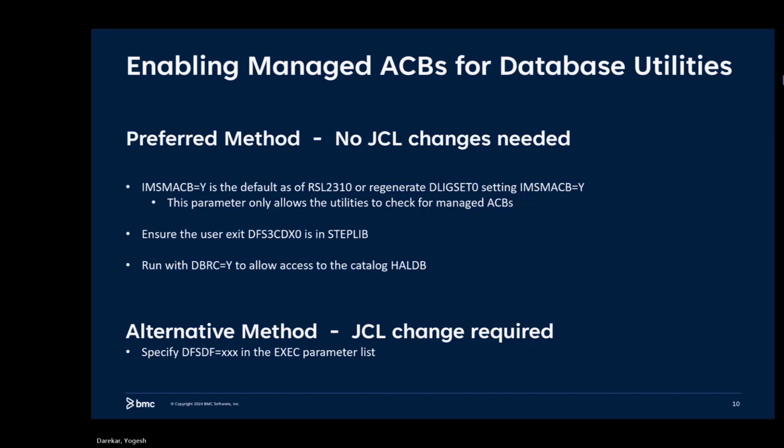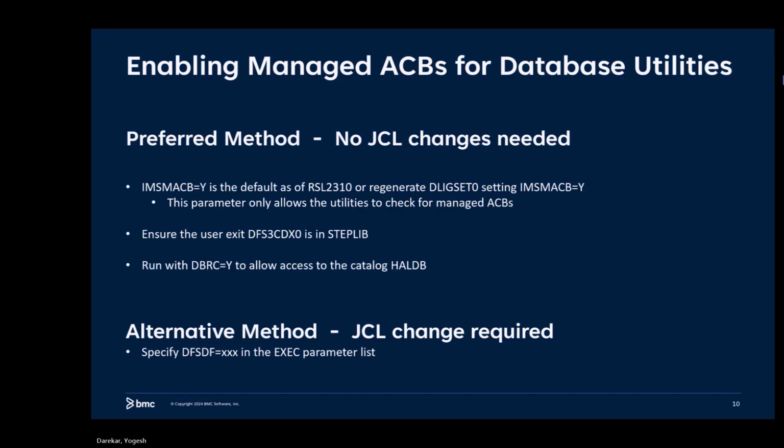If you don't want to use an exit, the other option is to specify DFSDF= and then the last three characters of your macro or proc name in the EXEC parameter list. This is another method to tell the job that we are using managed ACBs.